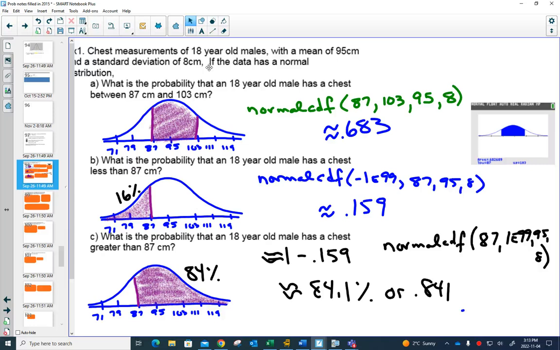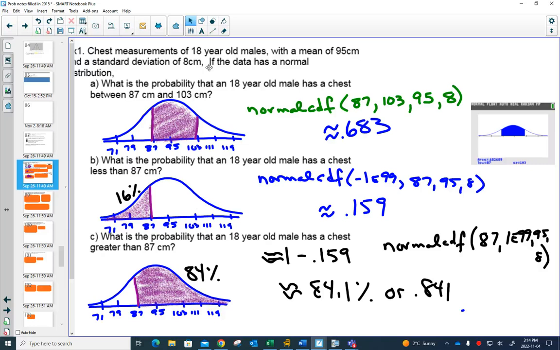Used to be formula sheets that they would give out. And you would get a huge chart of numbers to figure out every single percentage that was possible on your bell curve. So the first thing you'd have to figure out is, where's 87? 87 is one standard deviation below.